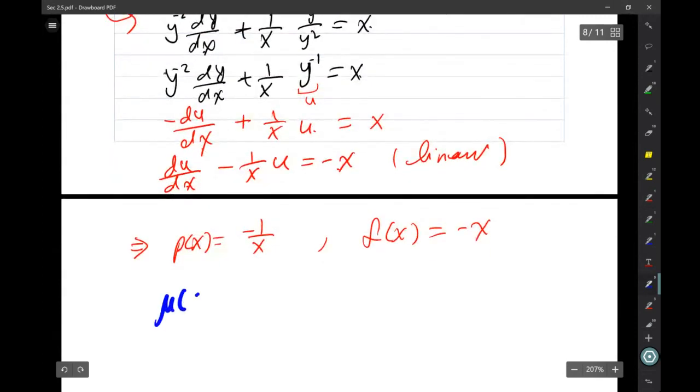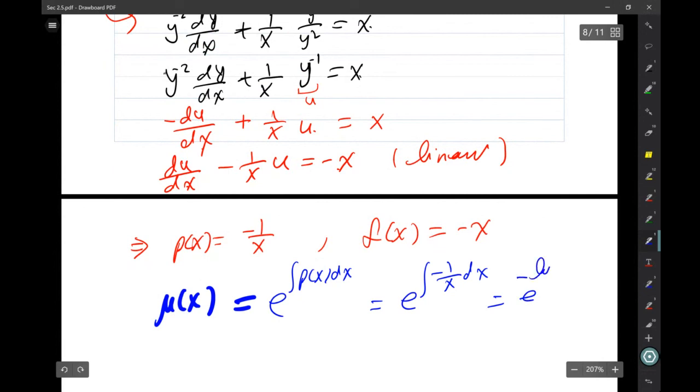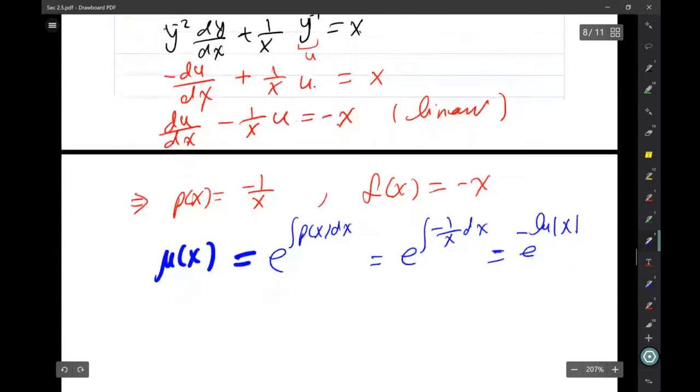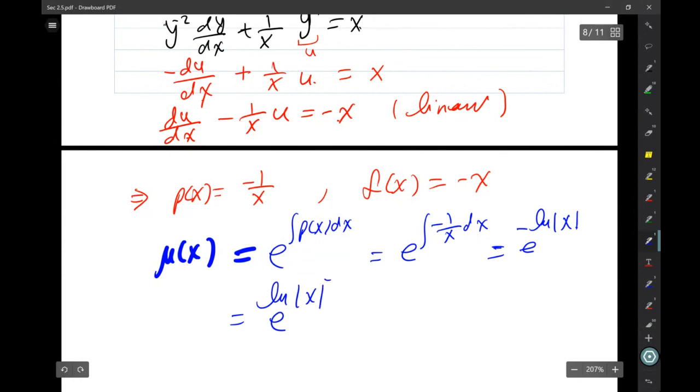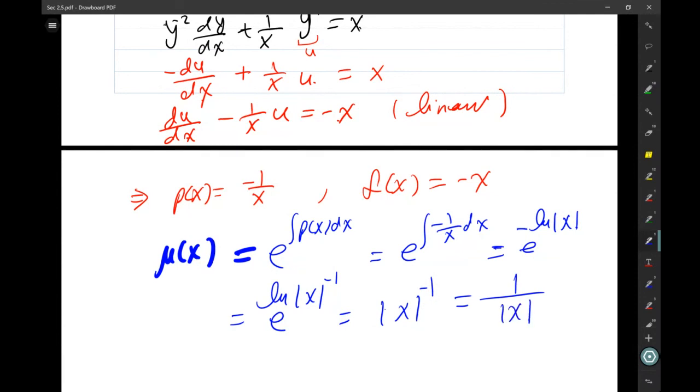You need to find the integrating factor mu of x, which is e to the power integral p of x dx, e to the power integral minus 1 by x dx, which is e to the power minus ln absolute x, and that's e to the power ln absolute x to the power minus 1, which is absolute x to the power minus 1, which is 1 by absolute x, which is 1 by x, where x is greater than 0.